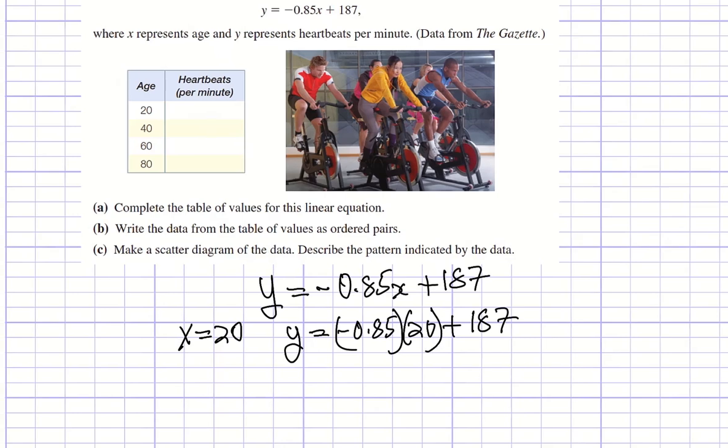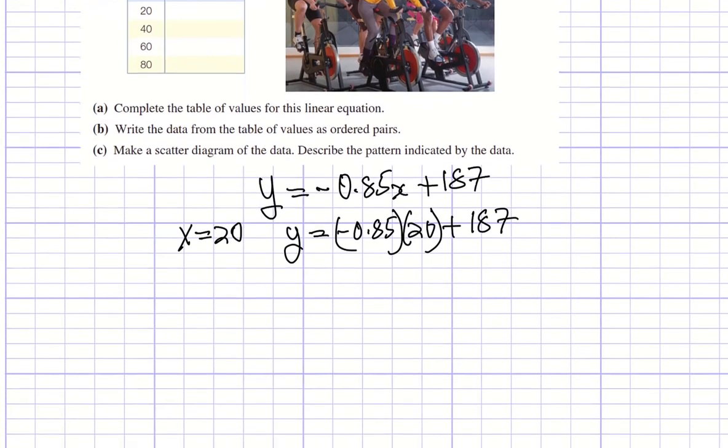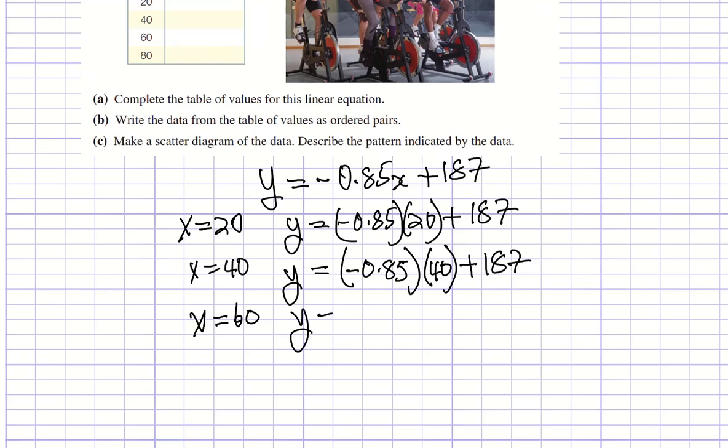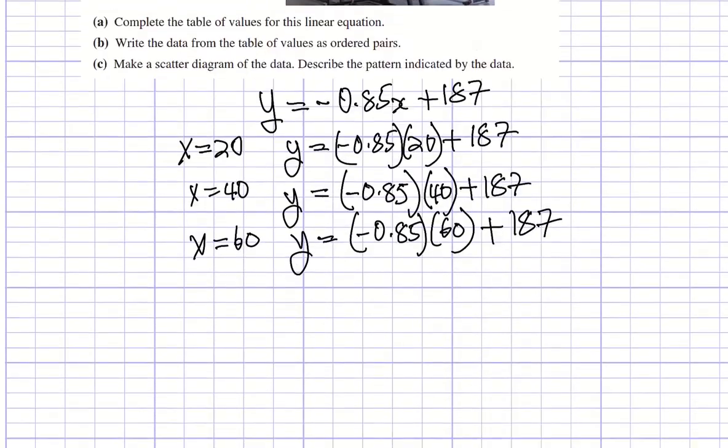That's all. So we'll keep going. When x is equal to 40, y is equal to minus 0.85 times 40, plus 187. When x is equal to 60, y is equal to minus 0.85 times 60, plus 187.